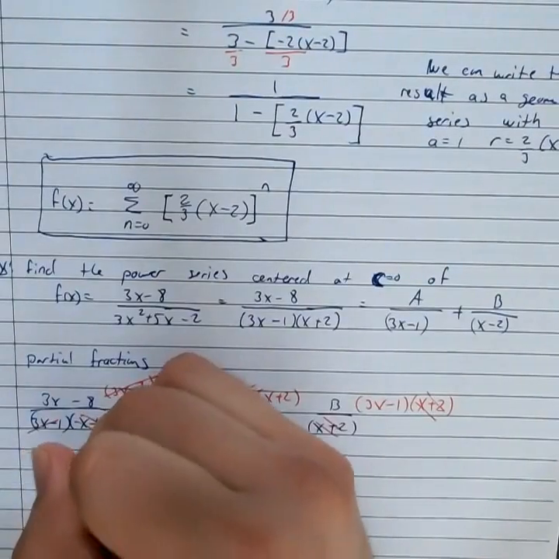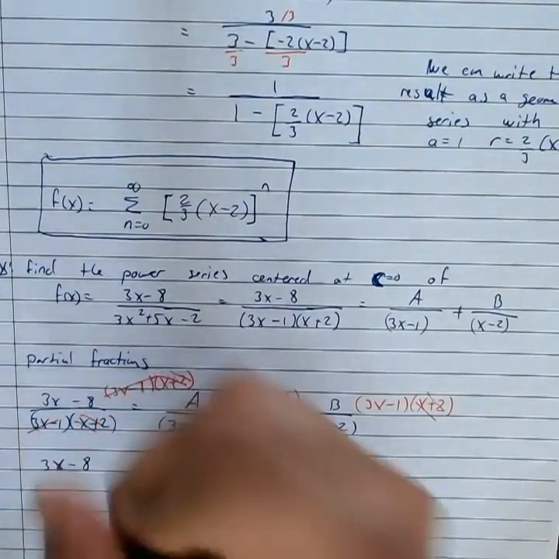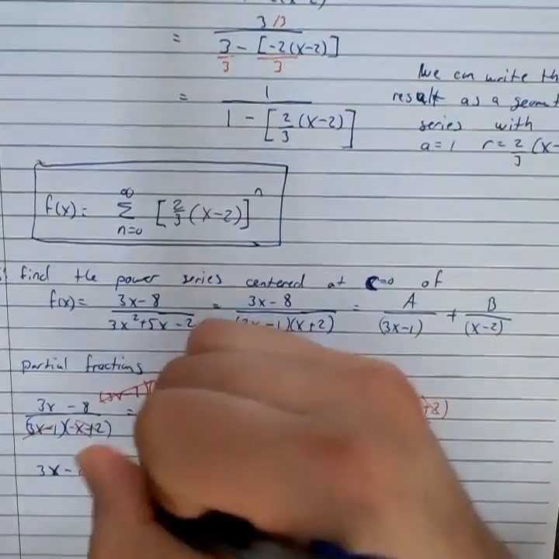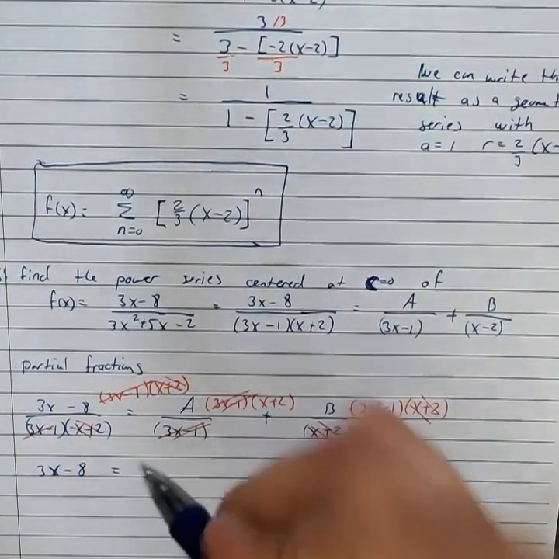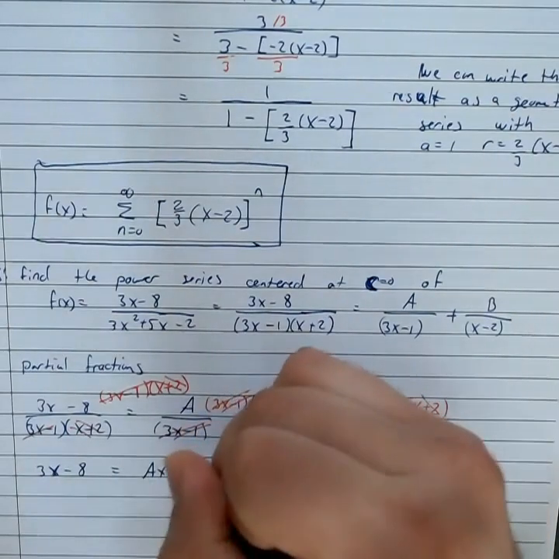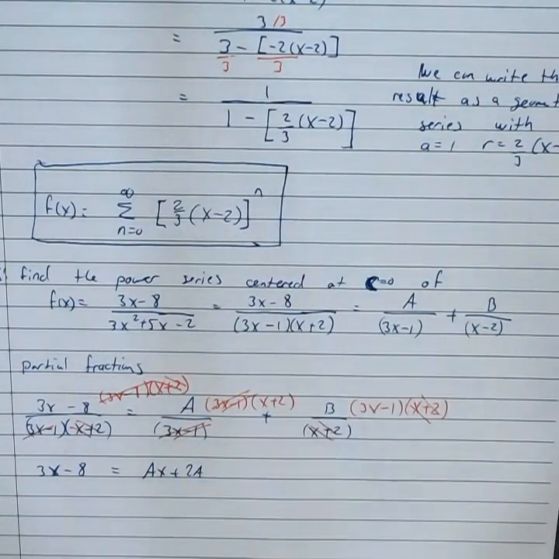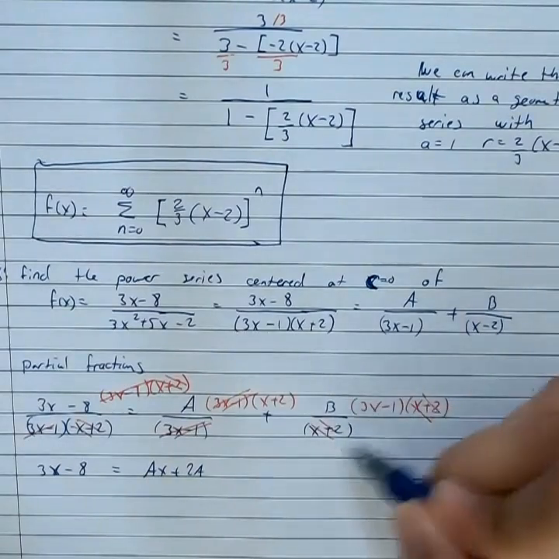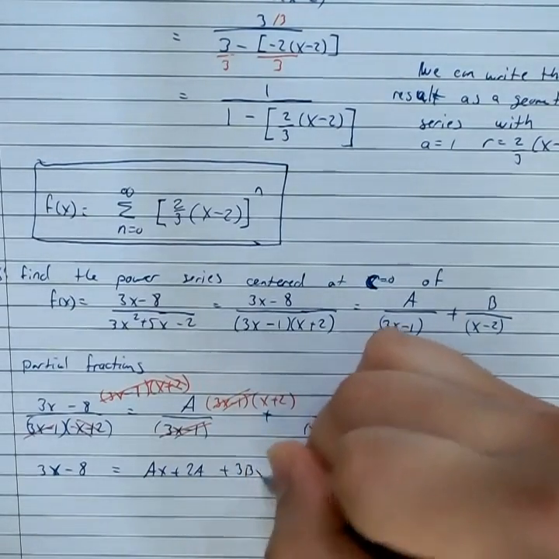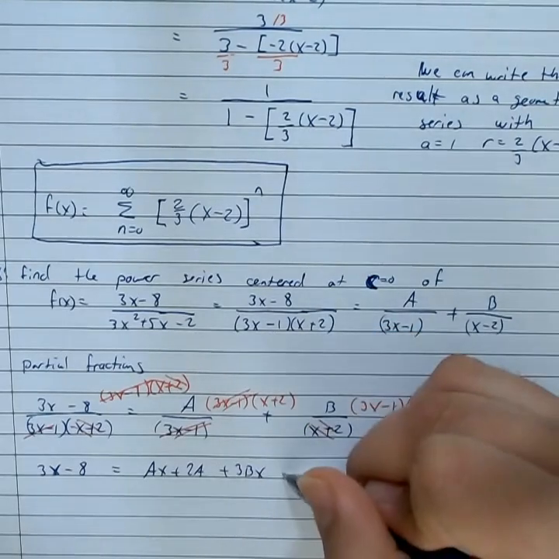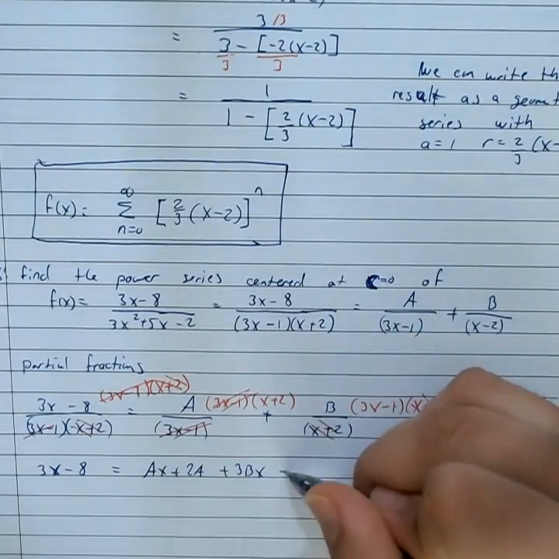We're left with 3x minus 8, since that entire denominator is gone, is equal to a times x and a times 2. Okay, so ax plus 2a. And here we're left with, since those are gone, b times 3x is 3bx, and b times negative 1 is negative b.